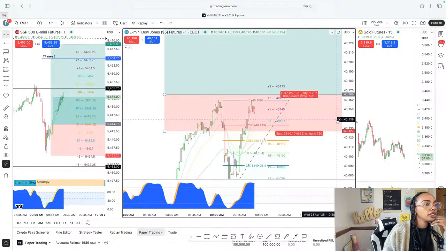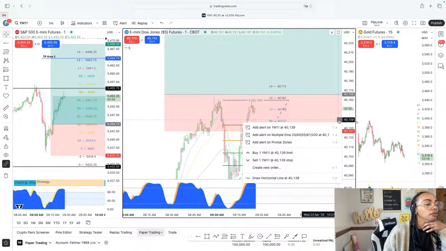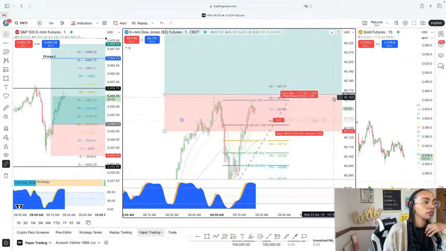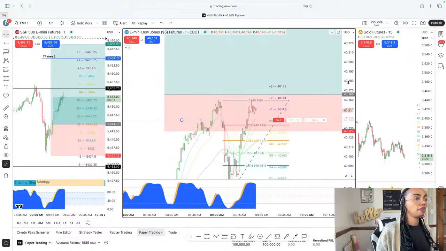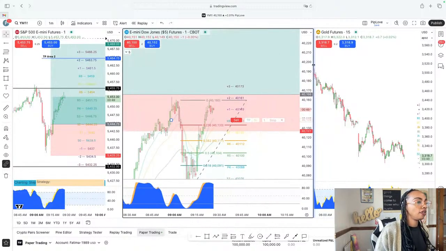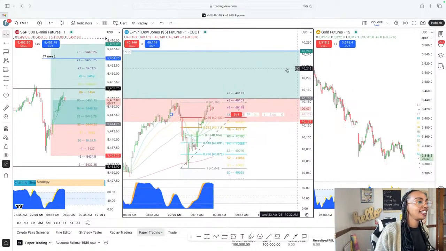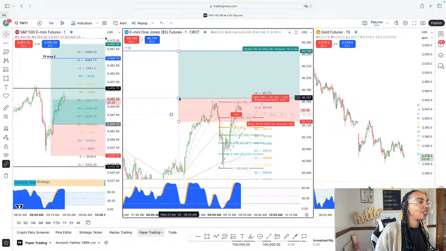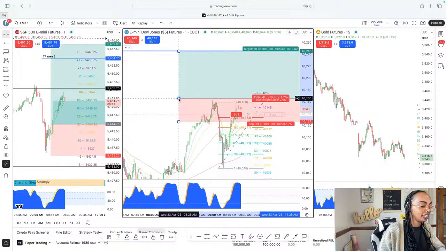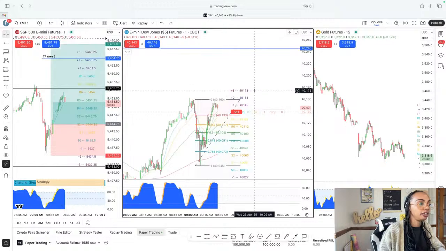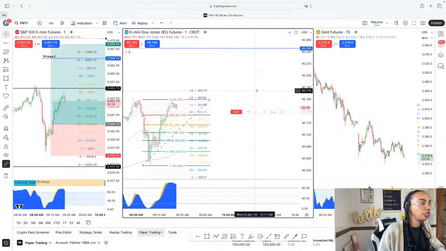Okay, here we go. All right, I think it's going to let me. So if it breaks above, we have this kind of tentative order here. Let me take it off because it doesn't look like that's happening right now. But if it happens, we know what to do.